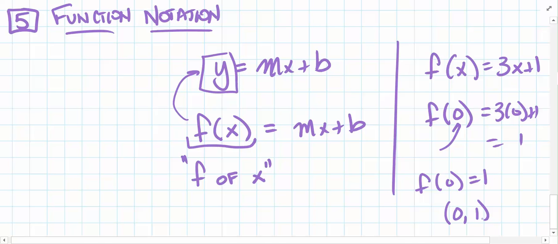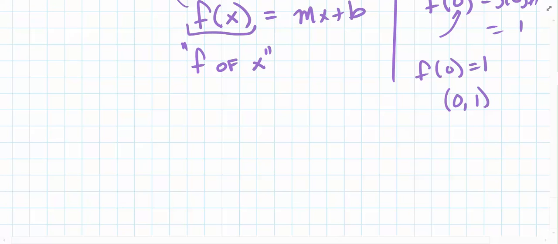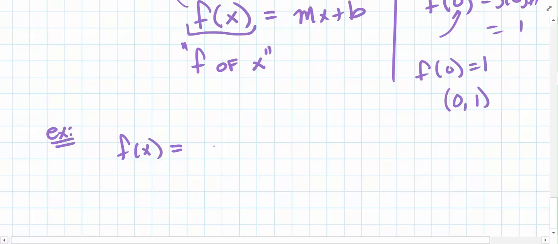Okay, so I want to give you one last little practice here as an example. If I give you f of x is equal to negative 1.5x plus 4, and I tell you that the domain is the set 0, 2, and 3, and this is your domain, okay, how do we then find the range?